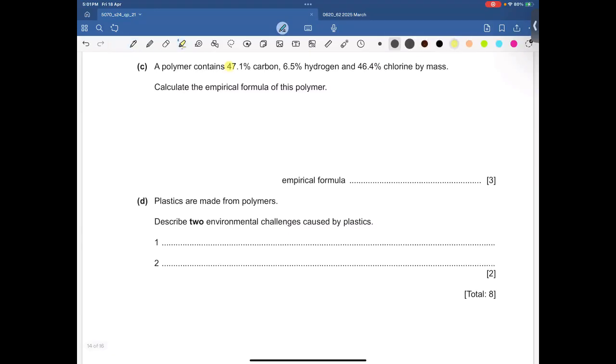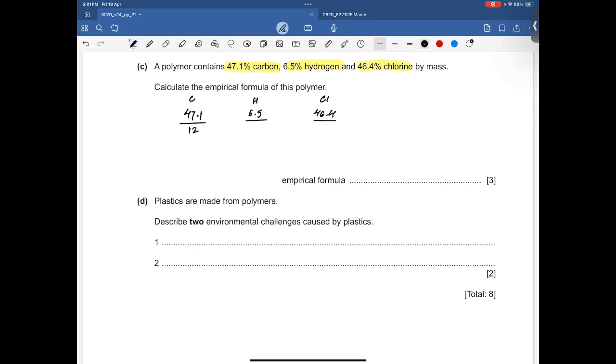A polymer contains 47.1% carbon, 6.5% hydrogen, and 46.4% chlorine by mass. To get the moles, we need to divide them by their relative atomic masses.